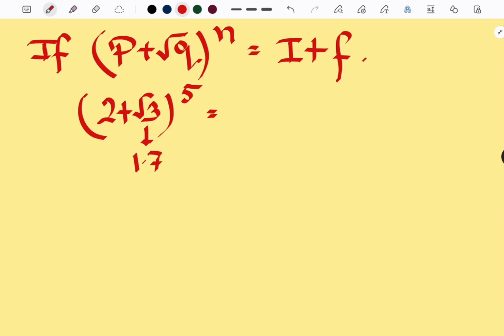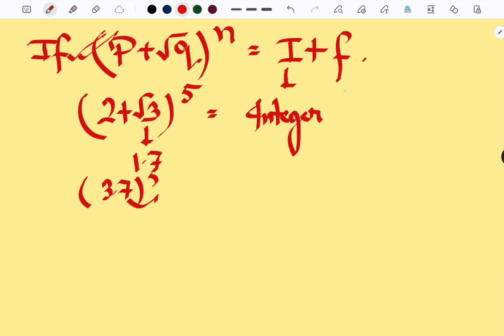It's 1.7 approx. So this value will be 3.7 to the power 5. If I raise it, it will give me some integral value and some fractional part. So we will generally consider (p + √q)^n as I + f, where I stands for integer and f stands for fraction.